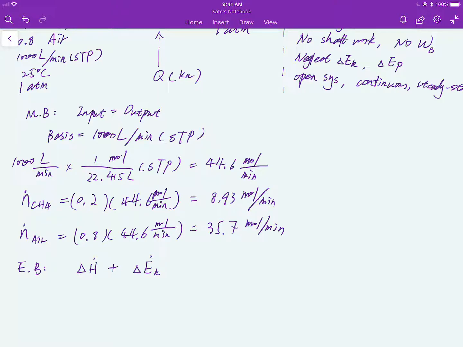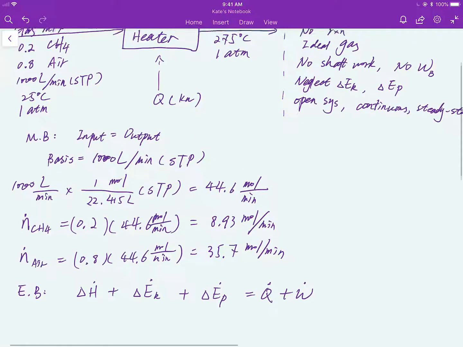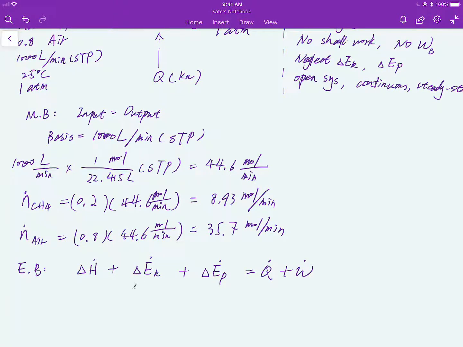For system energy, that's enthalpy change plus kinetic energy change plus potential energy change equal to heat flow plus work flow. And based on the assumptions, we can start to cancel our terms. Obviously there's no kinetic energy change, no potential energy change. These two guys go out. And then we can kick out this guy as well. Then our net energy balance equation is simply enthalpy change equal to heat flow.